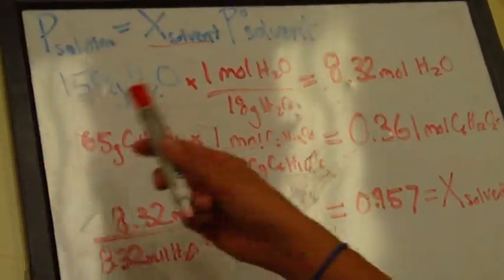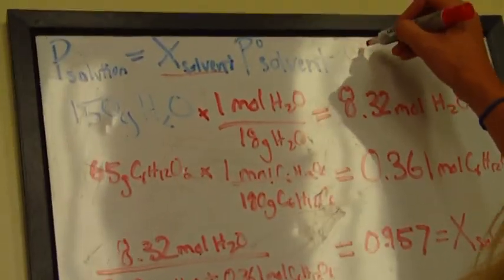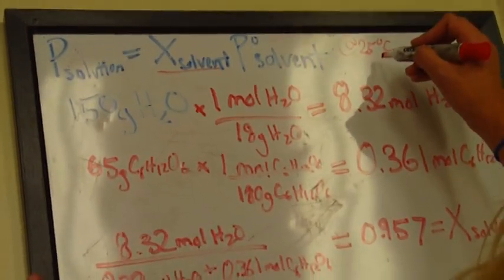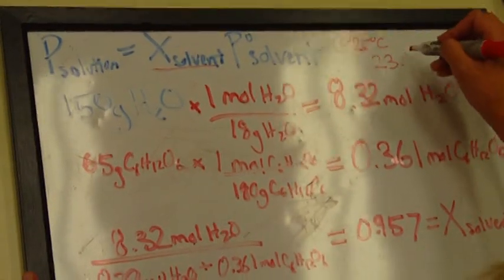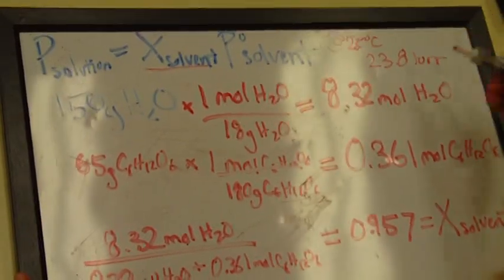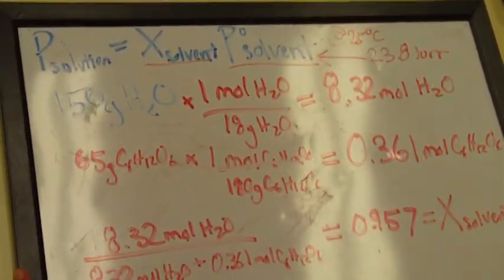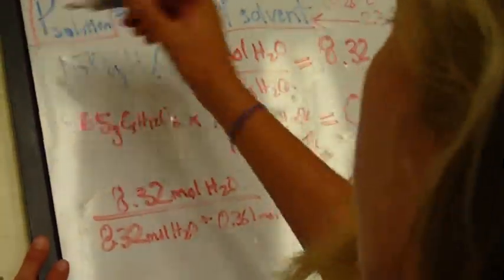They also told us in the very beginning that at 25 degrees Celsius, the water had a vapor pressure of 23.8 torr, which is going to be this number. Now we have both of those and we can solve for what we want in the first place.